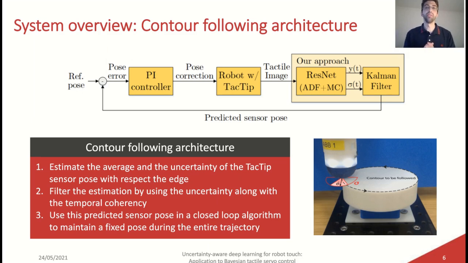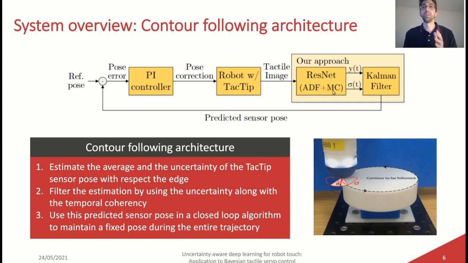About the system overview we propose in this work, it uses a closed-loop algorithm, and it is characterized by using an architecture with the ability to infer the pose estimation and its uncertainty from the tactile images.